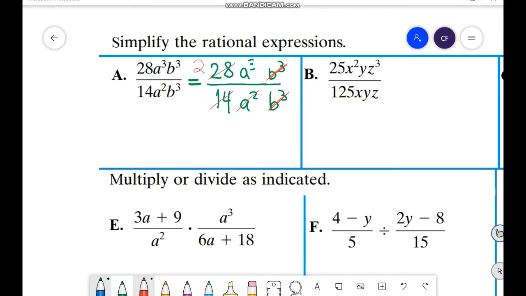Cool? This is 3 minus this 2. The result is 2 times a. On the denominator, we're not going to have anything, everything was cancelled, so the answer is just 2 times a.